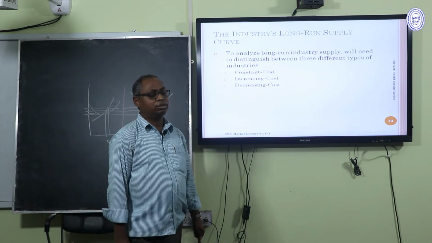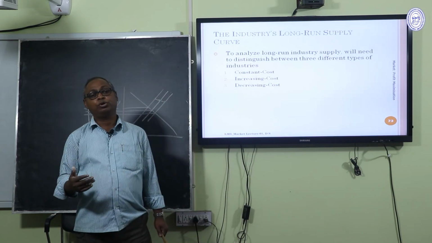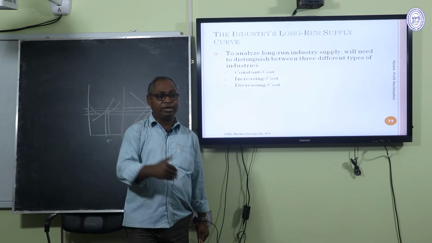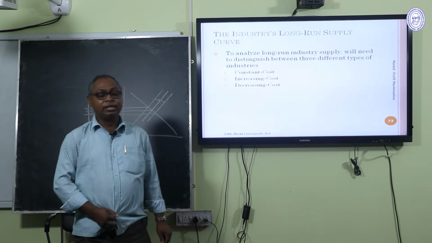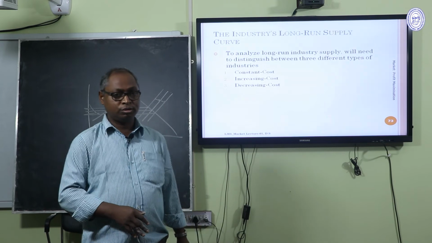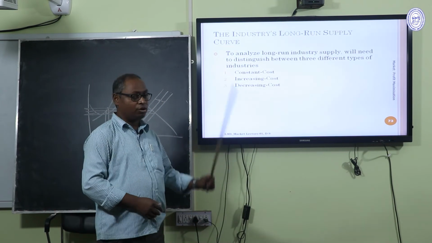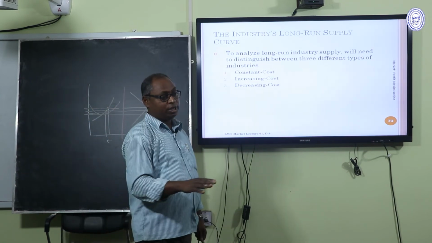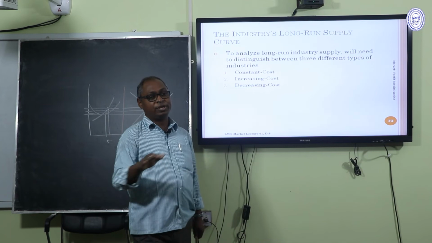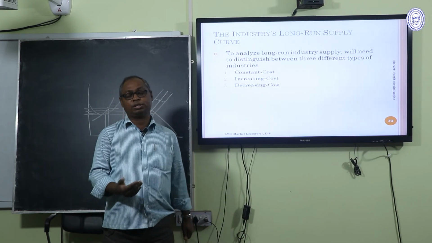One is the constant cost industry, where with the new entrants in the industry, the firm can maintain constant cost throughout, or it's an increasing cost, or it's a decreasing cost. So with the new entrants, whether the structure of cost remains the same, or whether cost increases or decreases.